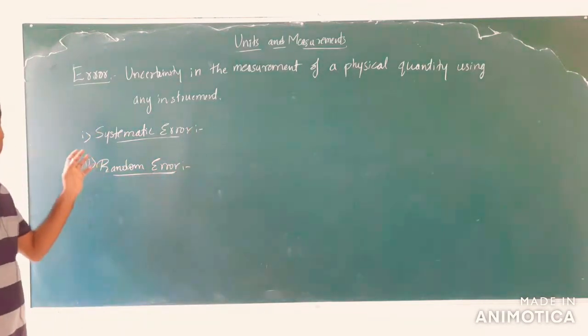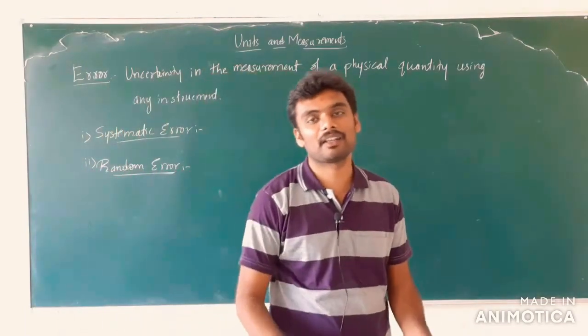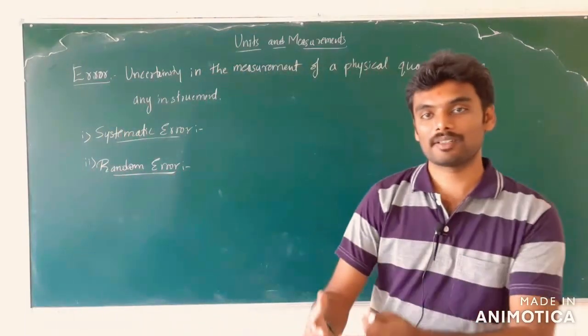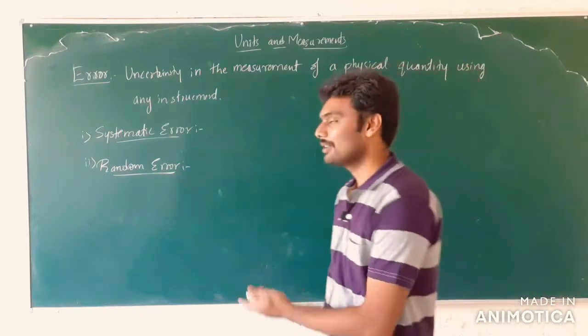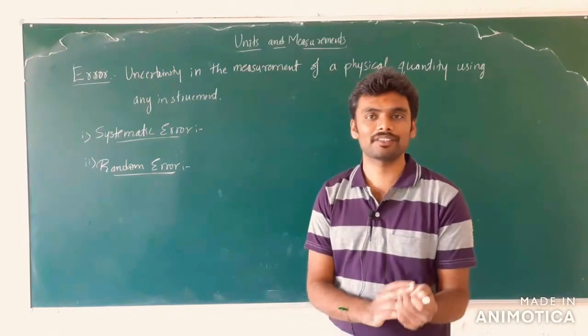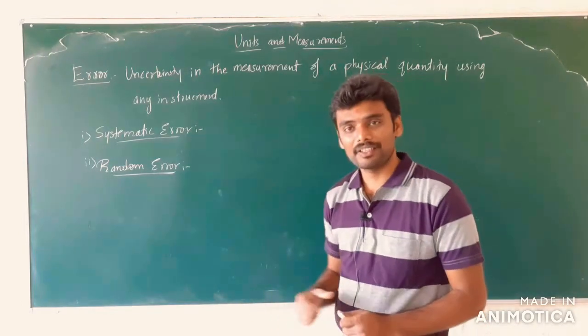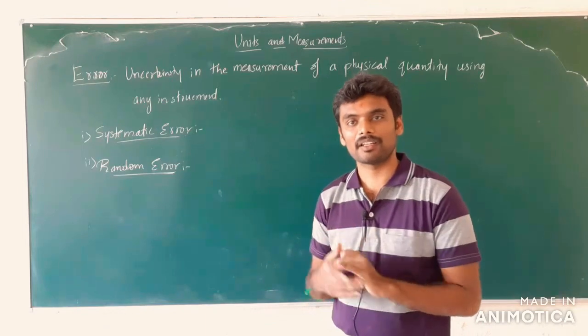These are the two types of error. We'll get to know what exactly systematic error is, how we get systematic error, what random error is, and how we get random error. We'll discuss all those things.